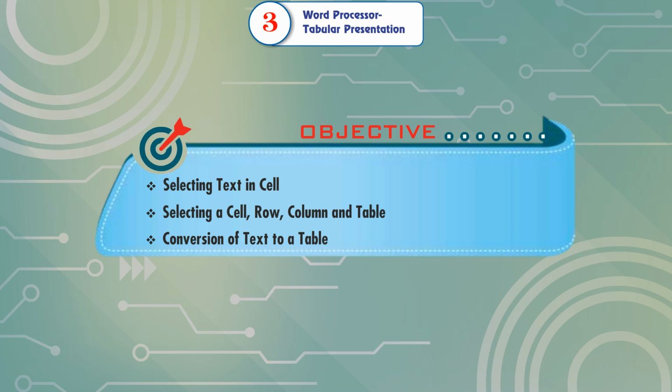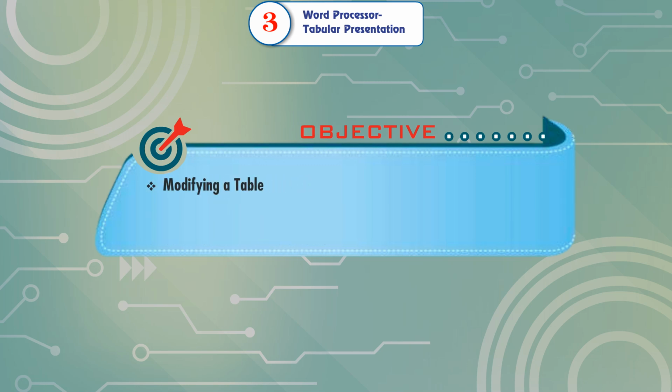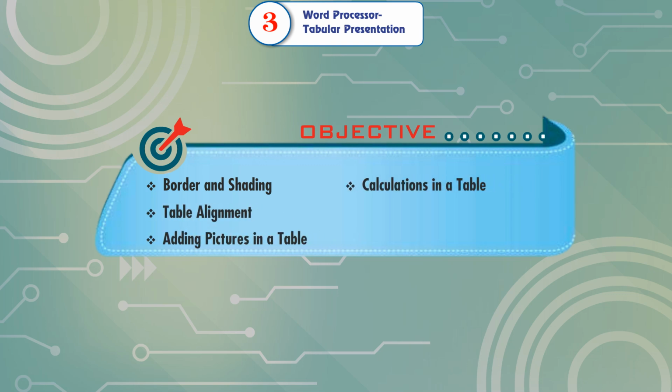Conversion of text to a table. Modifying a table. Changing row height. Changing column width. Splitting a cell. Merging of cells. Border and shading. Table alignment. Adding pictures in a table.